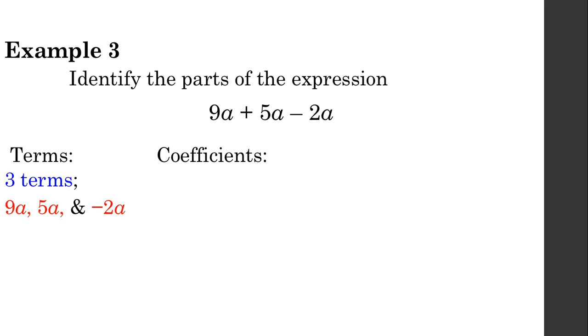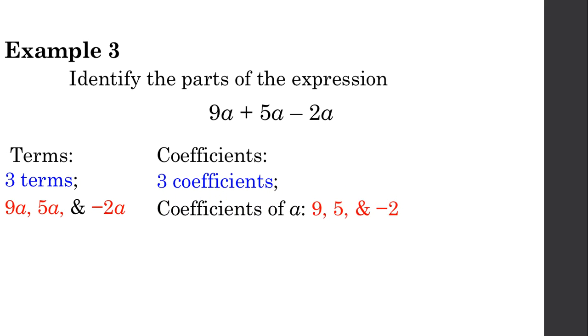Our coefficients are 3 coefficients, because there are 3 terms with variables. They all go to the variable a. We have a 9, a 5, and a negative 2. And finally, as we look up at our expression, once again we have no constants. Every single term is attached to a variable.